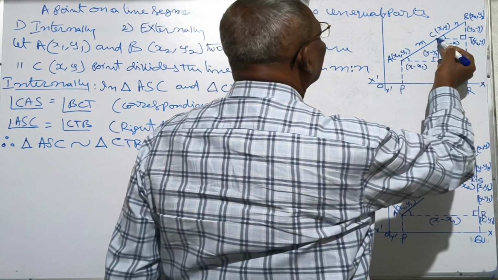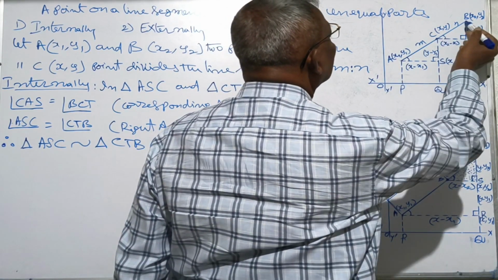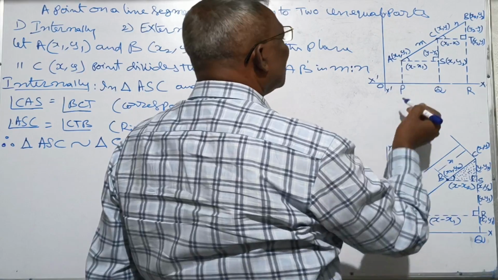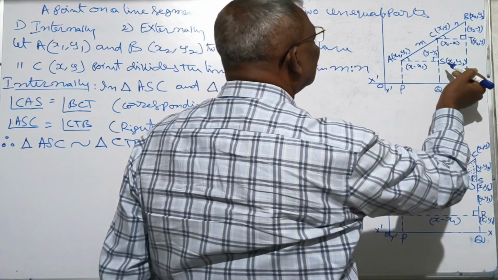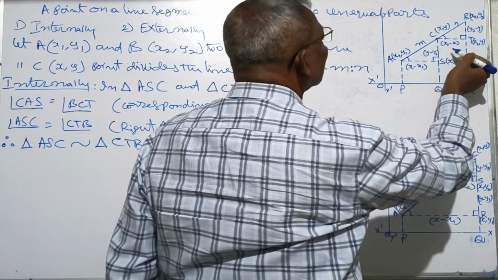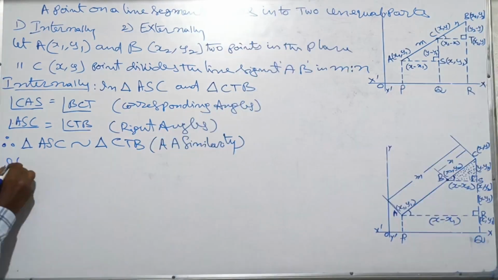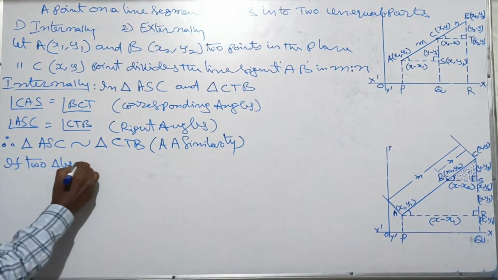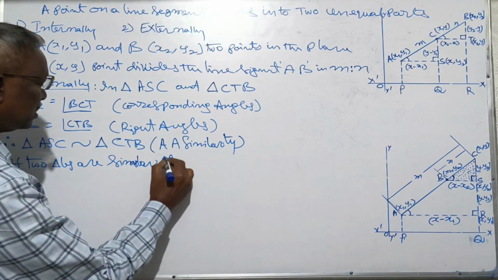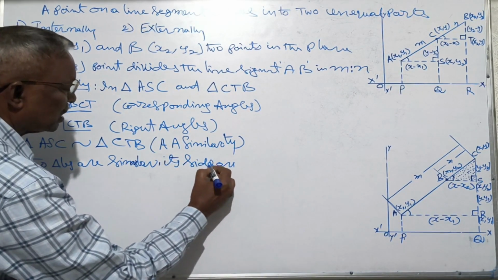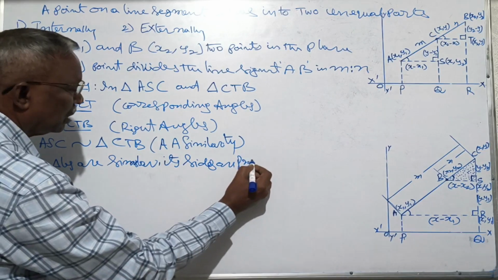So here AC by CB is equal to AS by CT, that is equal to CS by BT. If two triangles are similar, their sides are proportional.